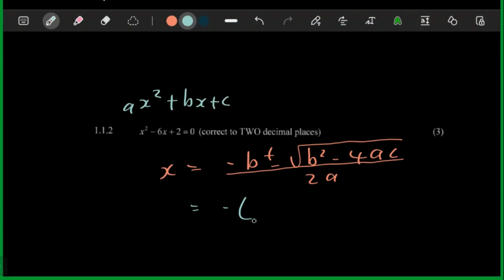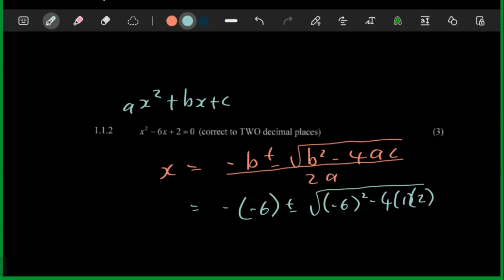B is the -6 over there, and you throw that in as -6 squared as well. Your a value is the value in front here, which is just a +1. Your c value is a +2. Your a value down here is just a +1.